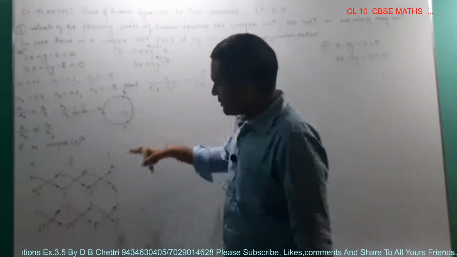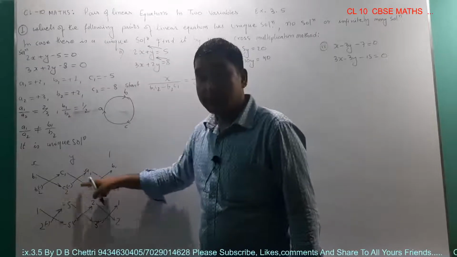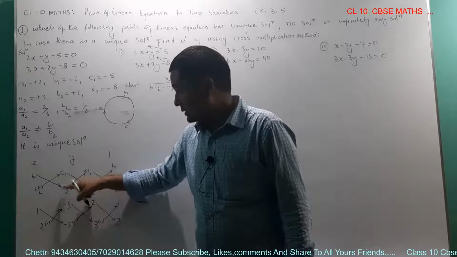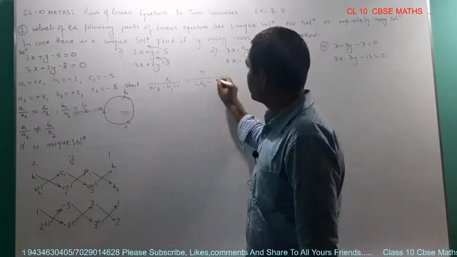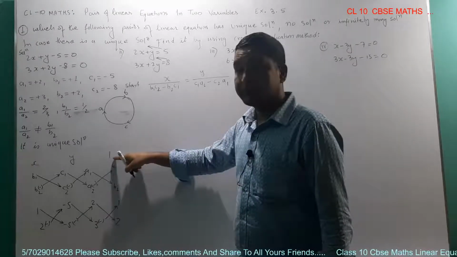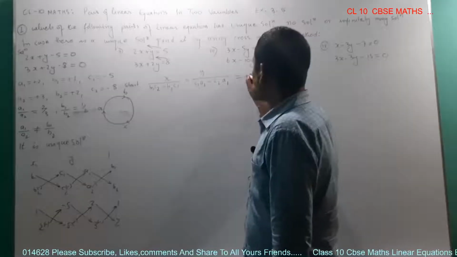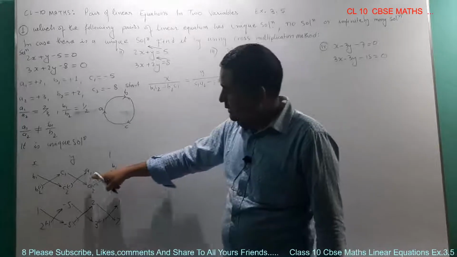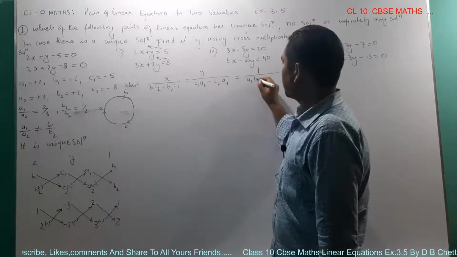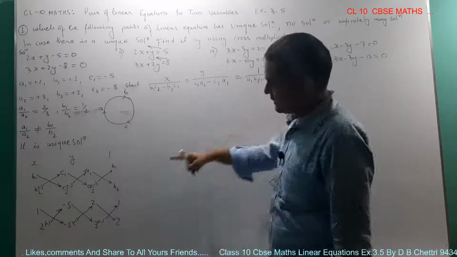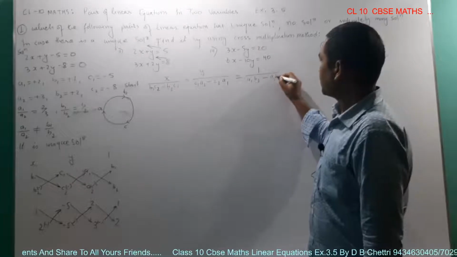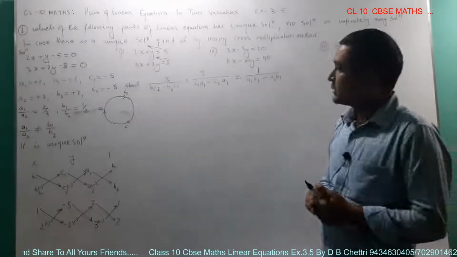Then after multiplying one of the pair, put the minus sign before the other pair: c2 multiply a1. Then the third is the constant: a1 multiply b2, then put minus sign, then a2 multiply b1.